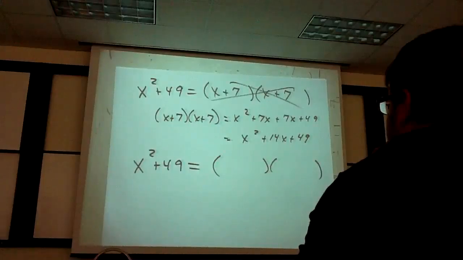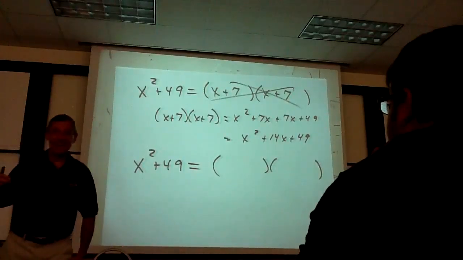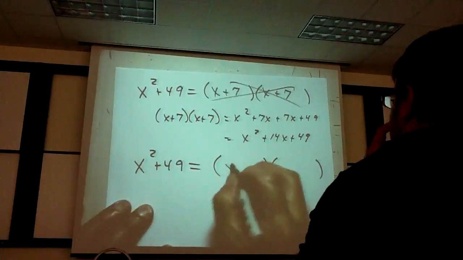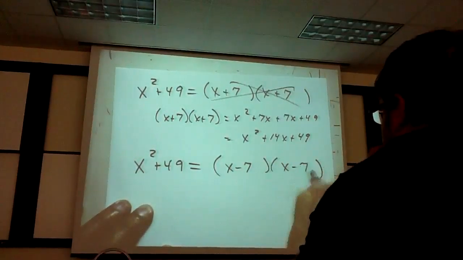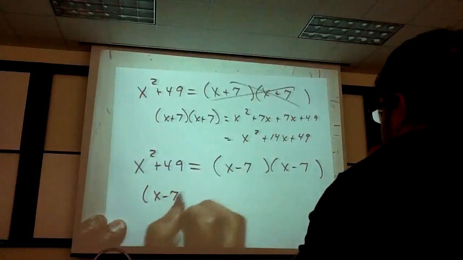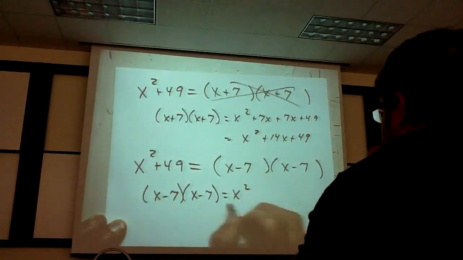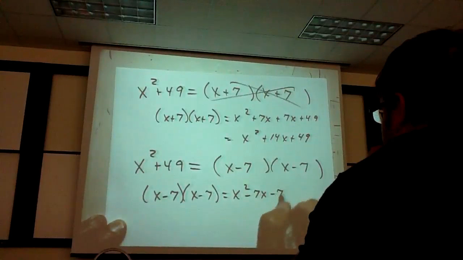x minus 7, x minus 7. Let's check, since we got all this extra time. That's x squared minus 7x minus 7x plus 49.